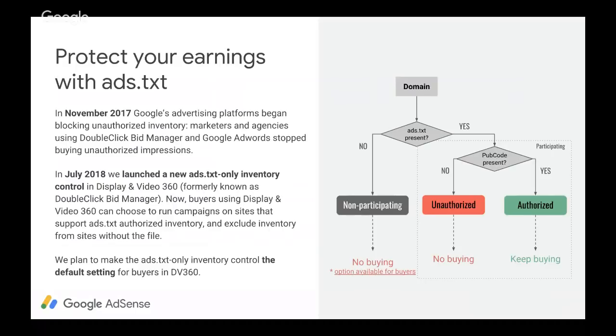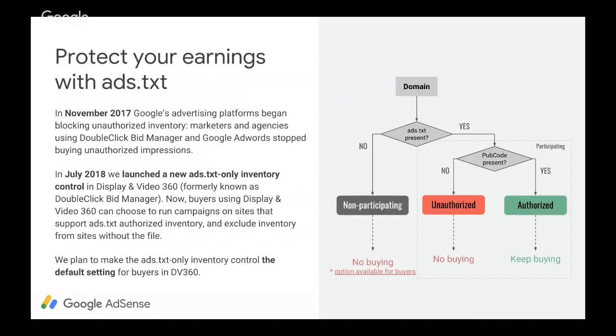Later on, mid last year, Google launched a new option allowing advertisers to filter out even the category of non-participating publishers, so to only buy authorized inventory if they choose to do so at the level of each campaign or each placement that they have.